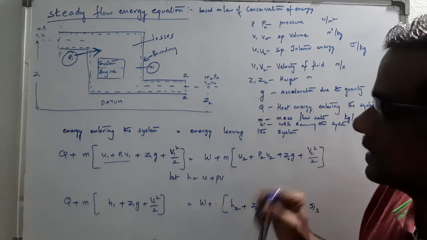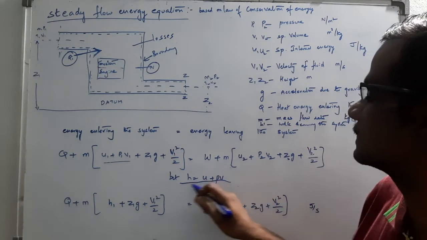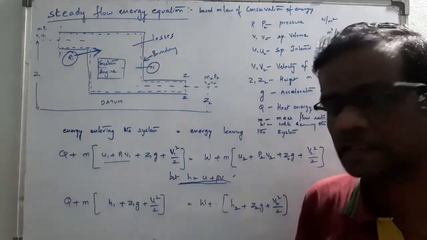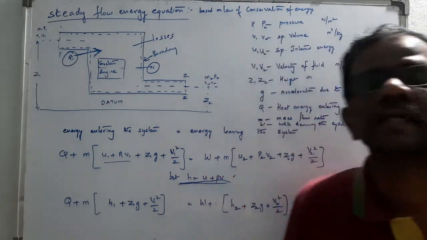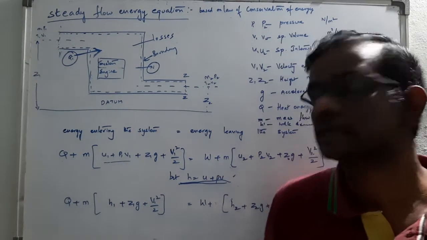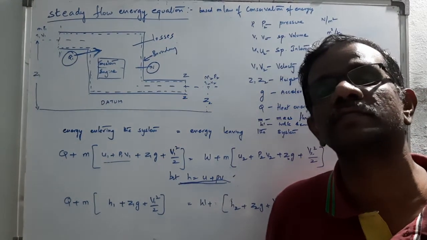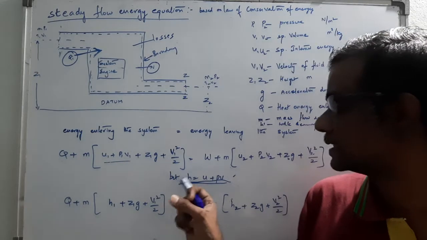Based on this, as we already discussed, h stands for enthalpy. Enthalpy is nothing but your internal energy plus pressure into volume. Enthalpy is equal to u plus pv: internal energy plus pressure into volume stands for enthalpy.